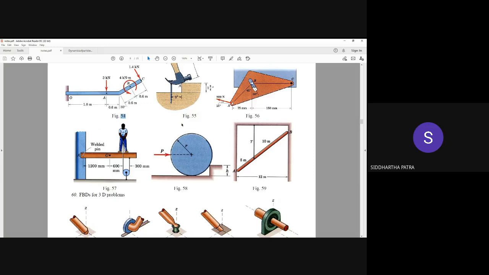Let me stop you right there. I'm not talking about the equivalent force system part of it. I'm talking about even the basic part of it, the free body diagram, where you show reaction forces and reaction moments coming from a given support by removing the support.